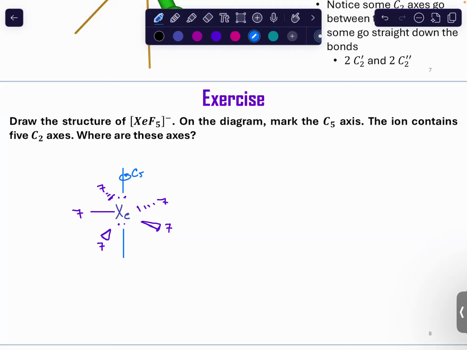Right. Now, what about the C2 axis? Are they going to cut through all of the fluorines? So each fluorine is going to get a C2. It's kind of hard to draw like that. So I could draw that one like that. You end up getting a C2 there.